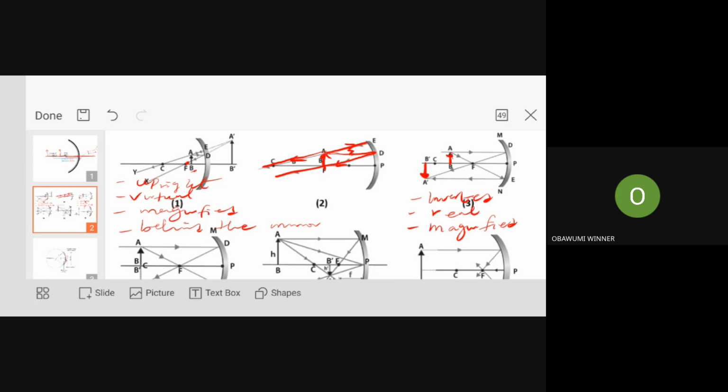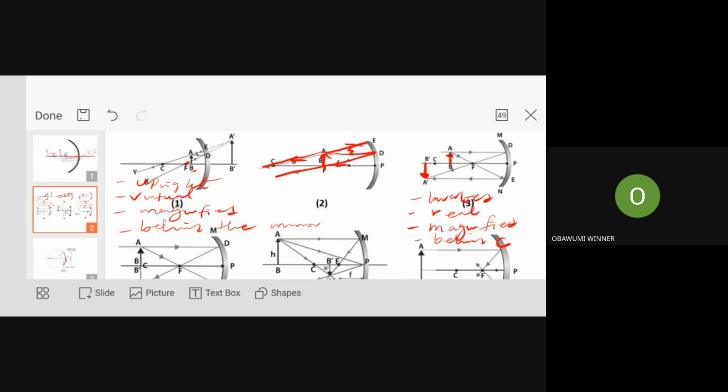The image will be formed behind C, where C there is what? The center of curvature. Don't forget, the image must be formed behind the center of curvature. That's the fourth one. So let me write it: behind C. So these are the properties of images that will be formed when an object is kept between the center of curvature and the focal point.